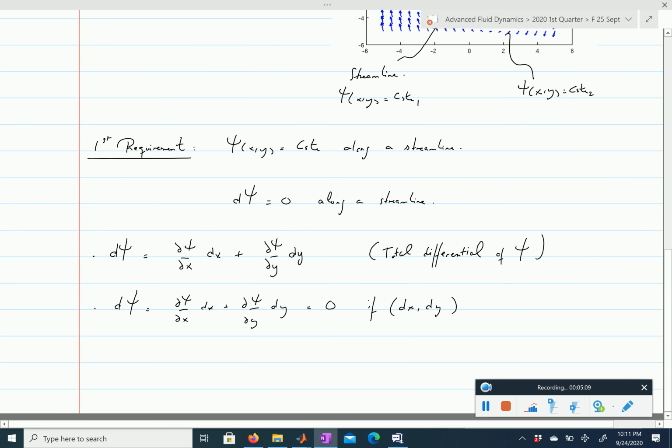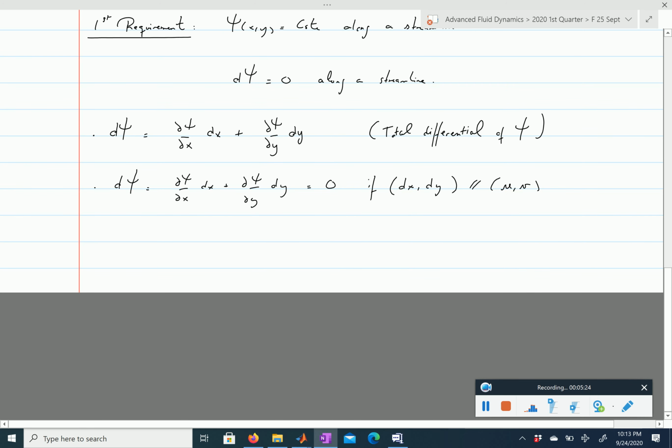So that means dx dy is parallel to the local velocity vector, and therefore that has to be parallel to u v. So one way of writing that these two vectors, even though this is not really a vector, are parallel, is to say that the cross product is equal to 0.